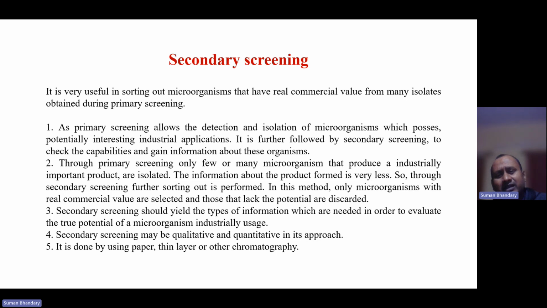But sometimes, if the byproducts are more, then the downstream process, the purification process, will be lengthy, will be strenuous, will not be cost effective. So we have to assess at this particular screening technique that if it produces more than one byproduct, then we have to check the economic status of the byproduct.